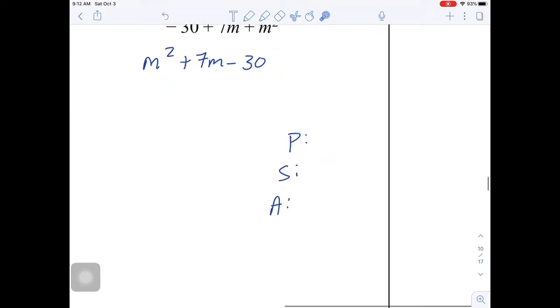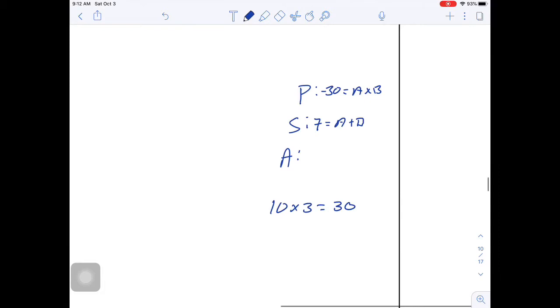Okay, so my product here will be negative 30. So two numbers that multiply to negative 30. Those same two numbers have to add up to 7. A plus B. And what I can already tell is 10 times 3 equals 30. I just need it to be negative, so one of these values needs to be negative.